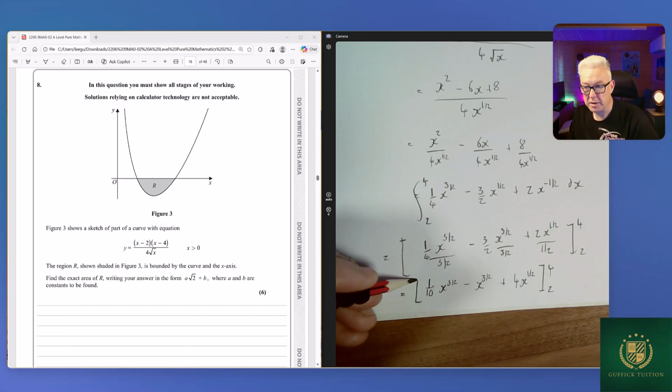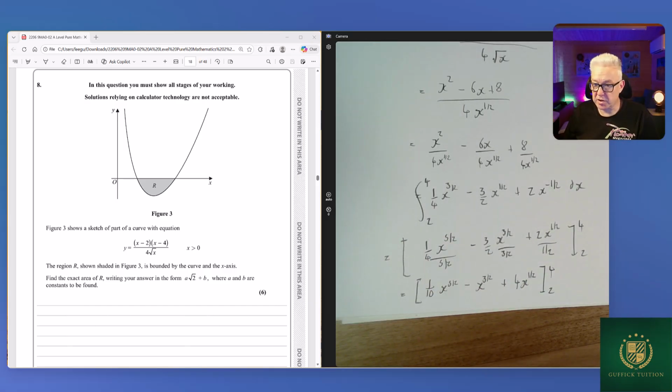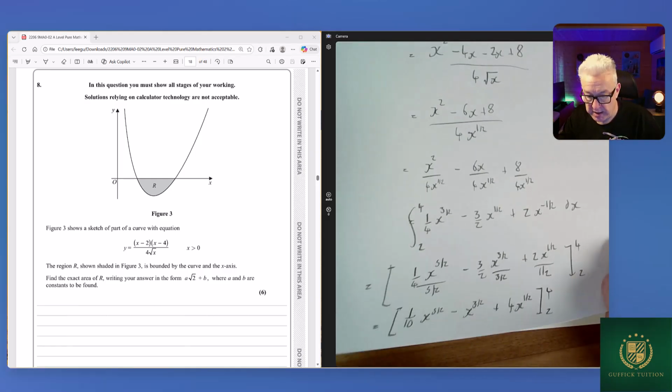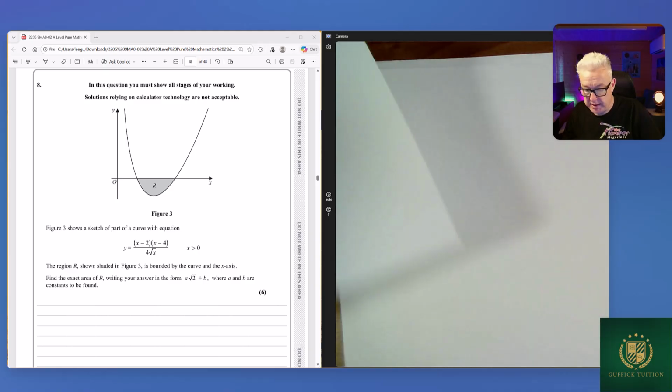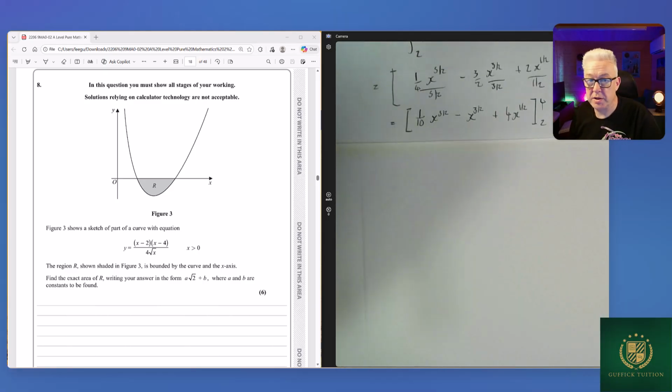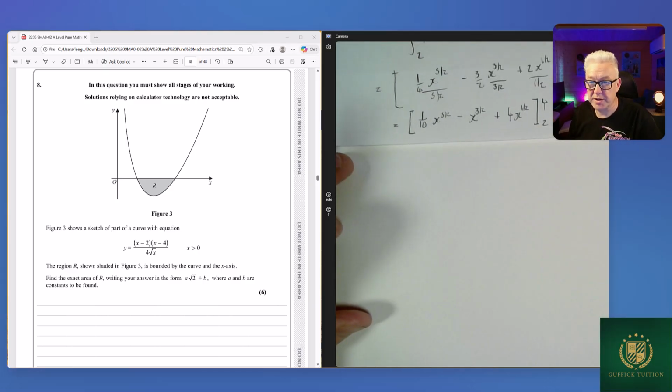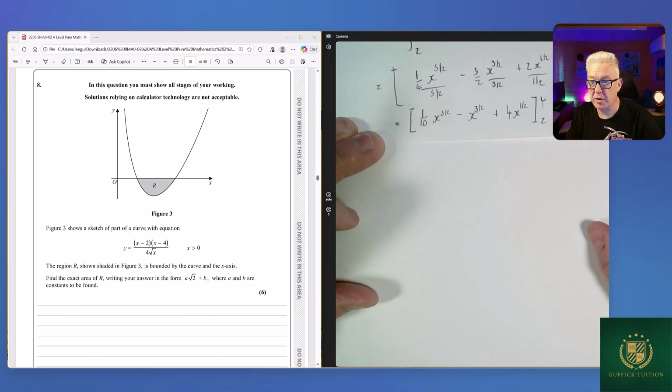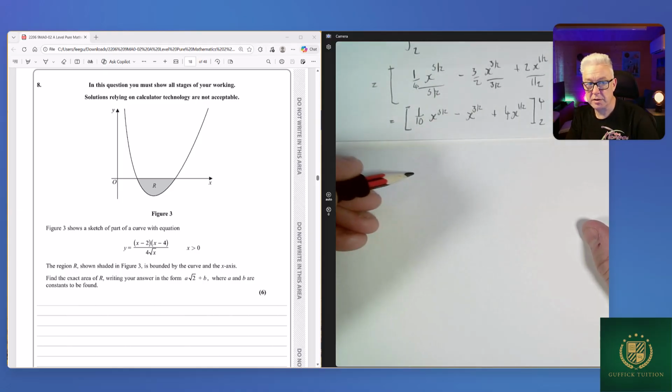So we've got 1/10 x to the 5 over 2 minus x to the 3 over 2 plus 4x to the half, all between 4 and 2. Now we can put in our limits. So far this looks like quite a nice question.